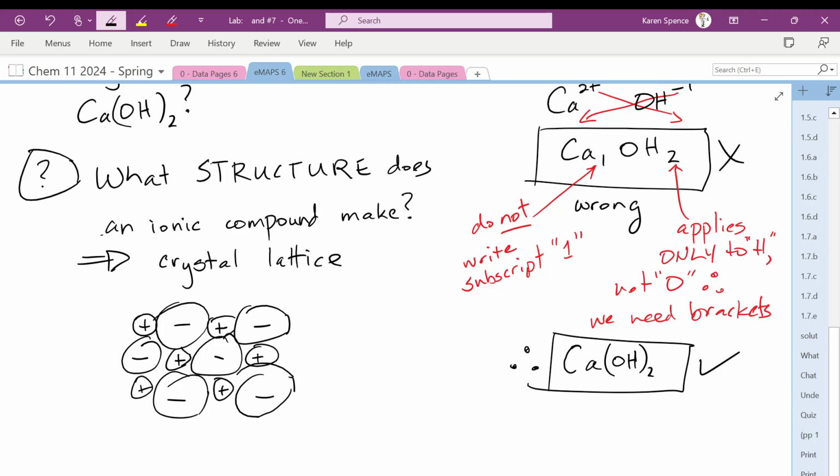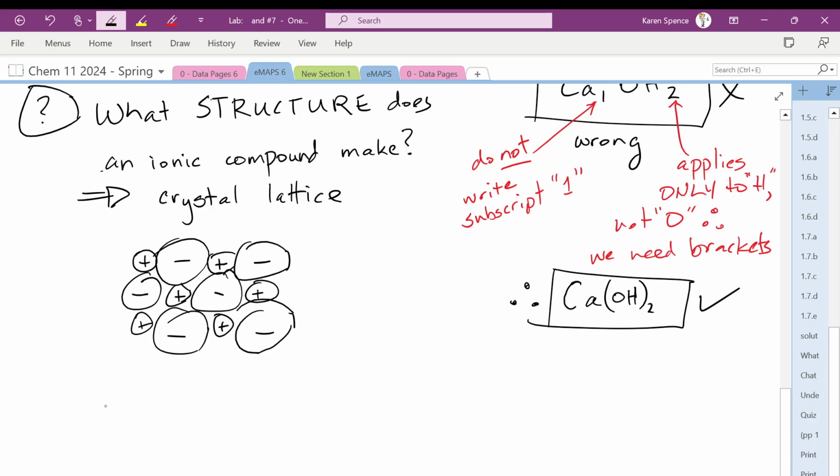In order to become negative ions, what do atoms do?